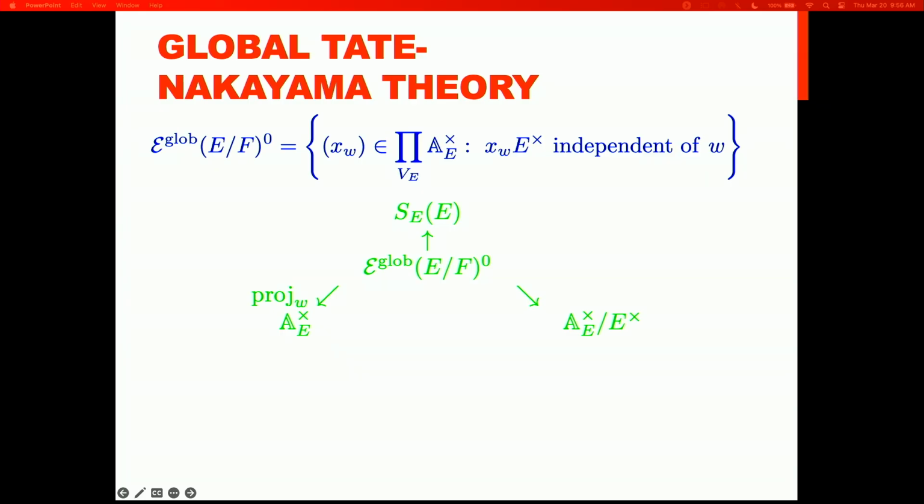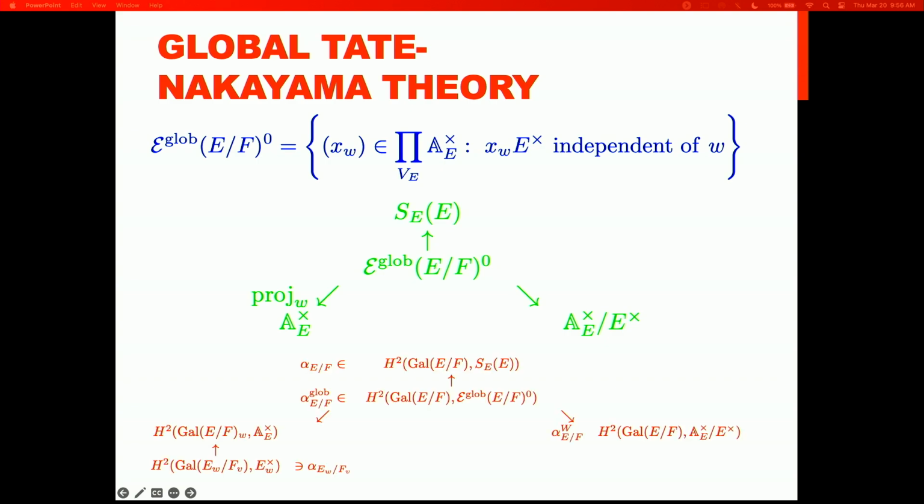And now I want to consider the cohomology of these four objects. So we know in the cohomology of the Idel class group, we have the global canonical class.